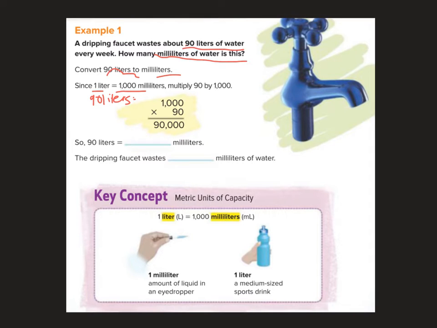Don't say 9, because 9 times 1,000 would be 9,000. We want 90, so we need 90,000. So what did I do there? I multiplied 90 by 1,000. So 90 liters is 90,000 milliliters. The dripping faucet wastes 90,000 milliliters of water.